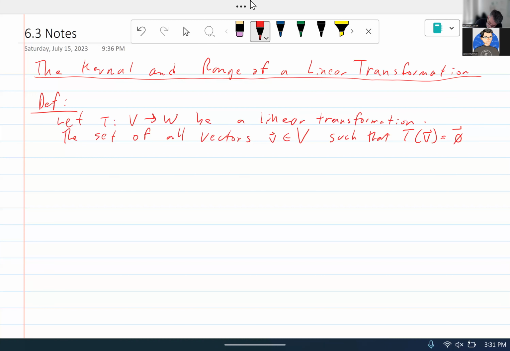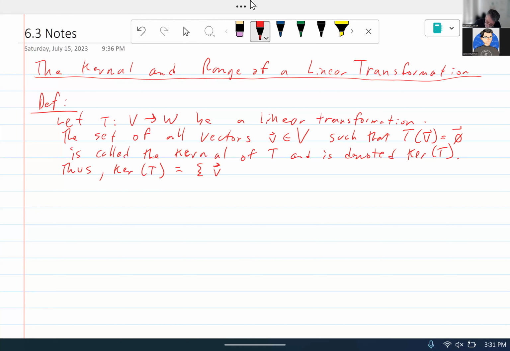It is called the kernel of T and is denoted the kernel of T. Thus, the kernel of T equals all vectors v in V such that the transformation of v goes to 0.